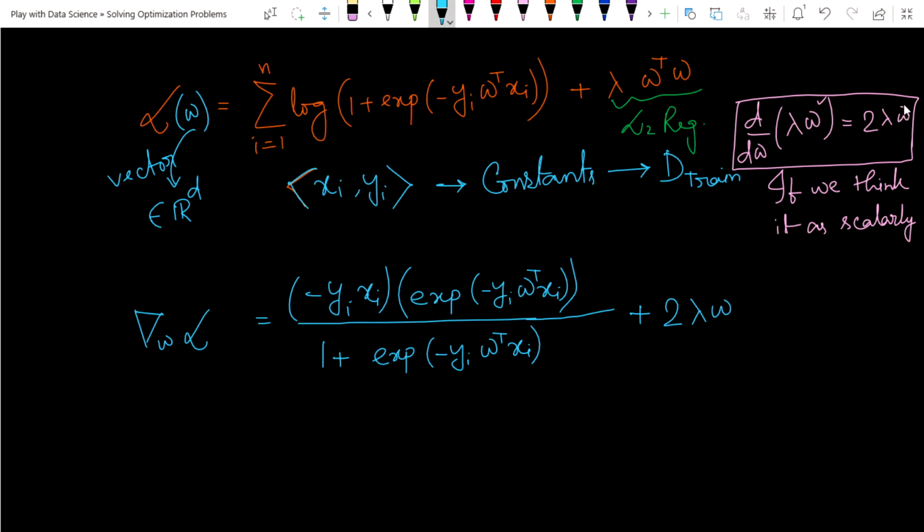Here w is a scalar and lambda is a scalar in the scalar case, but in the vector case it is not. We simply use the concept of scalar calculus and convert it to vectors for ease of calculation.